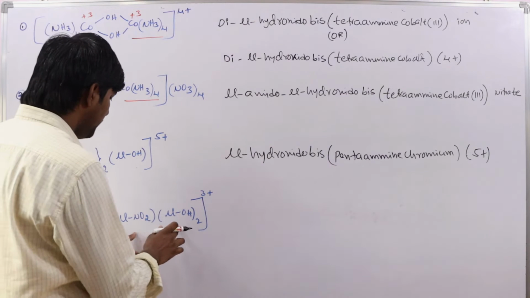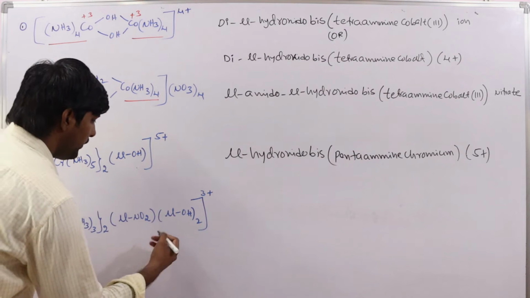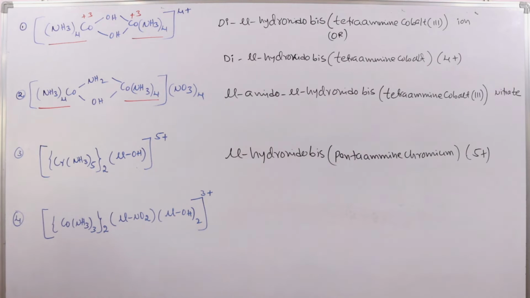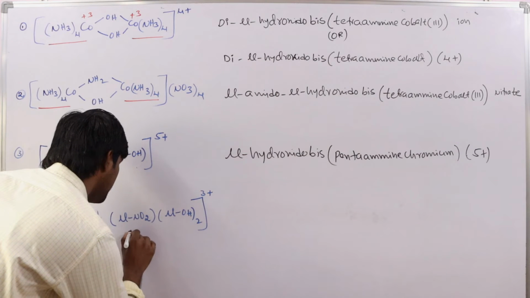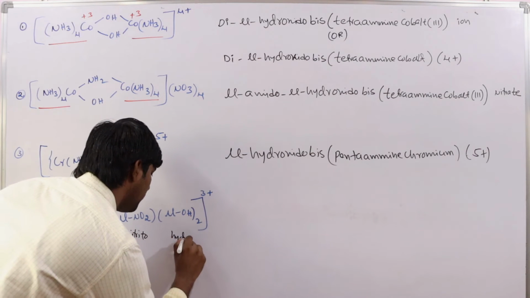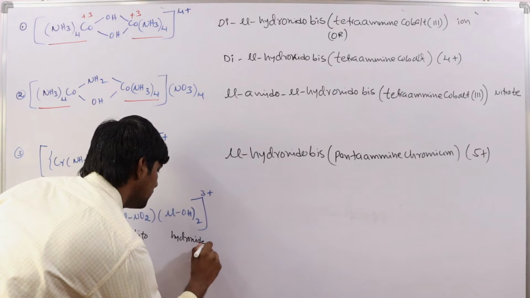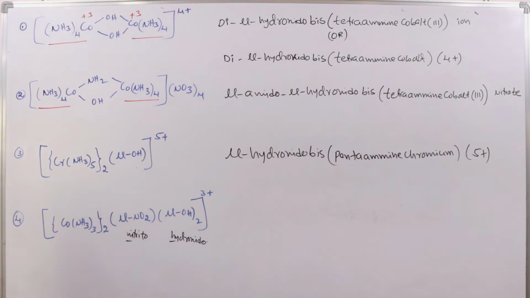Next, look at this complex. Here we have 2 different bridged ligands, so we have to follow the alphabetical order. This is nitrito and this is hydroxido. Which will come first, H or N? H will come first in alphabetical order.